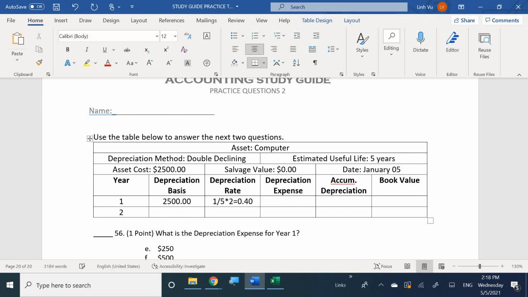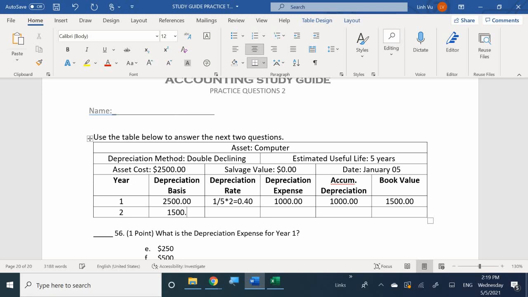So what's going to be my depreciation expense for year 1? 1,000. So what's my book value going to be? 1,500. Once again, let's solve for year 2. What's my depreciation basis now? Your book value.